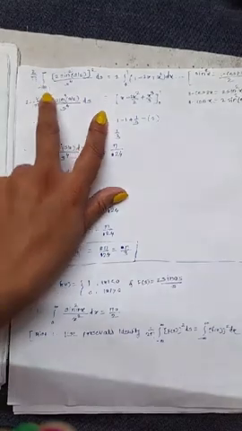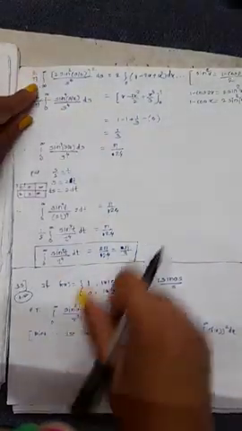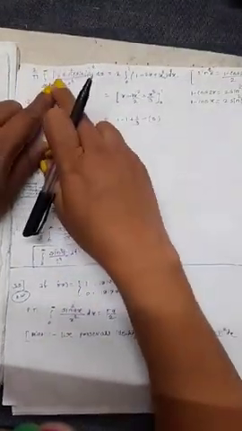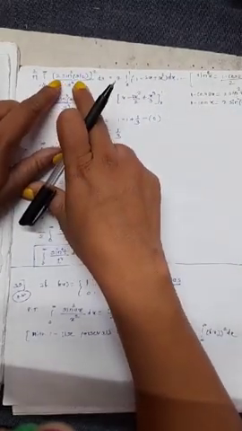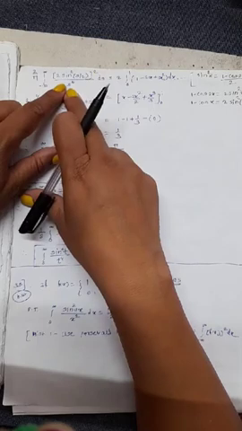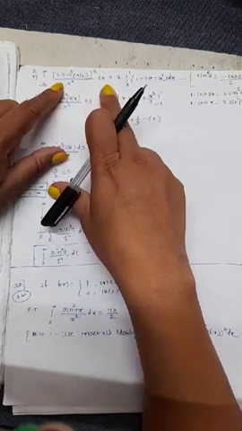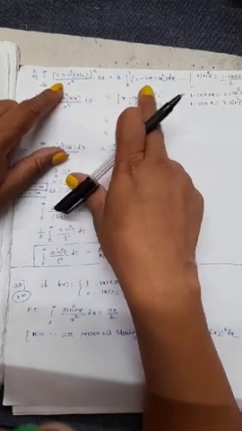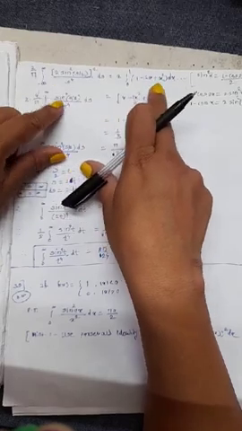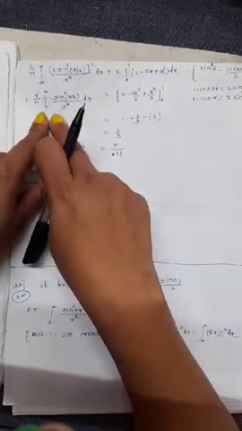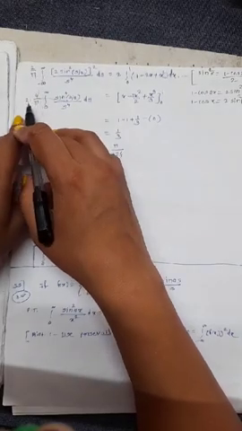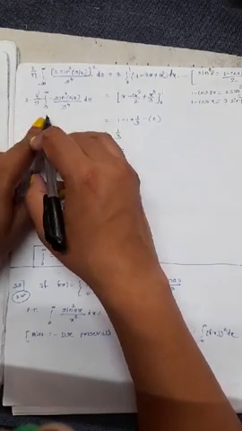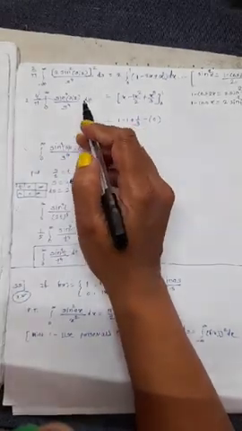That's why this 2 gets cancelled, 2 upon pi outside, minus infinity to plus infinity, 2 sine square, variable is s by 2, bracket square as it is, divided by s raised to 4 as it is, ds. And on the RHS side, expand this, a minus b bracket square as it is, into dx. Now here take 2 to the 4 outside of this integration, 4 into again 2 upon pi.